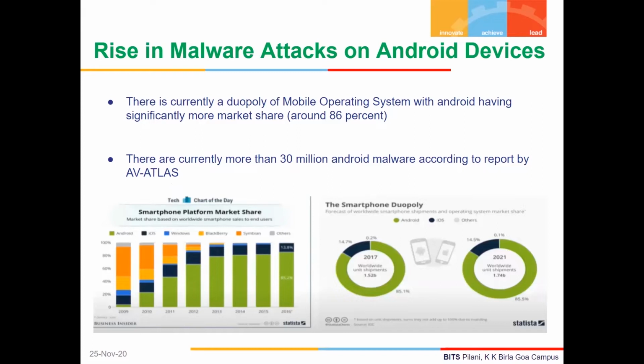Previously, there used to be BlackBerry 10 and Windows Smartphone, etc. The global rise in smartphone usage, and the smartphone becoming the primary device for most users to perform tasks like banking transactions, accessing social media, and storing personal information like profiles, contacts, photographs, etc., makes smartphones very popular with malware creators and distributors. There are currently more than 30 million Android malware samples according to a report by AV Atlas.